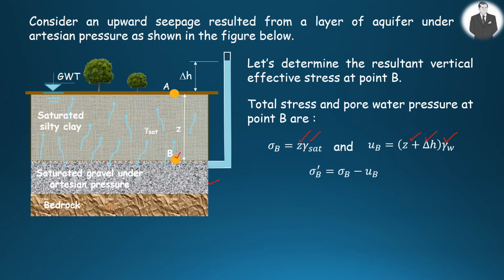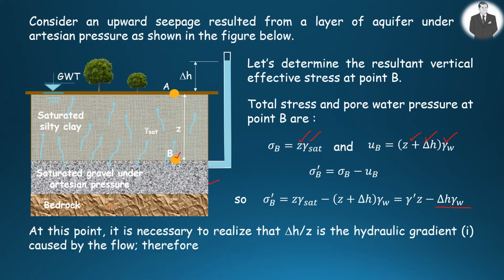Effective stress at point B is equal to total stress minus pore water pressure. Notice that in this case, when the seepage is upwards, the effective stress is reduced by delta H times the unit weight of water, contrary to the downward seepage explained earlier.